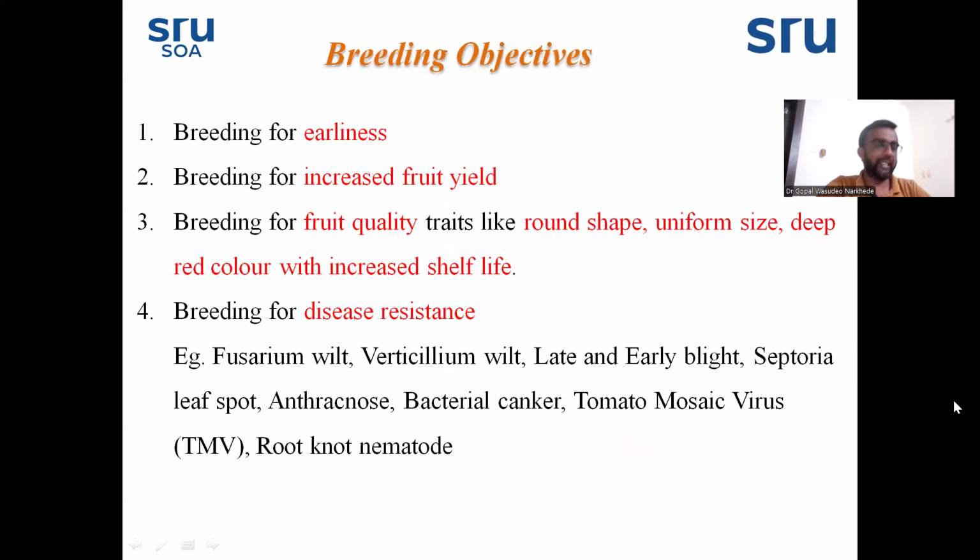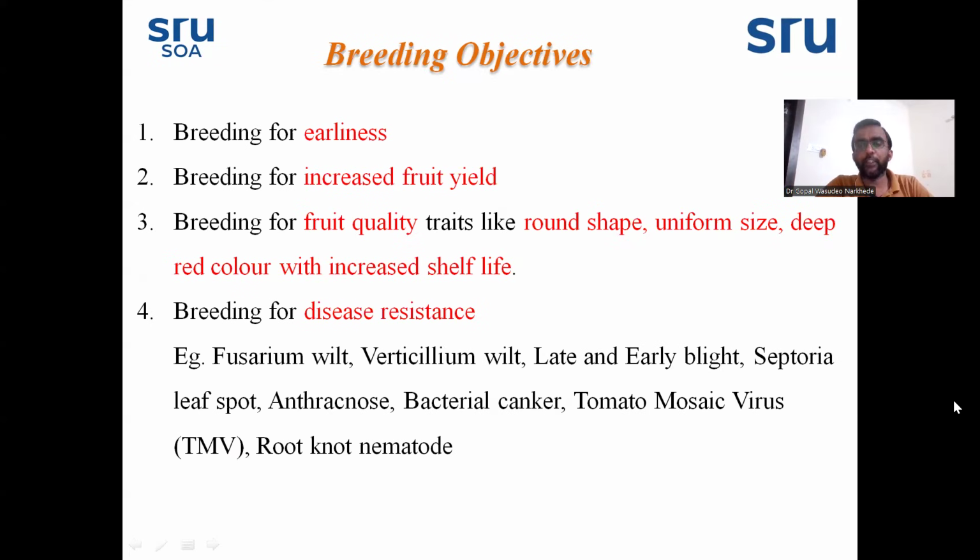So after seeing some diversity in tomato, now we will see breeding objectives. First is breeding for earliness. Second, breeding for increased fruit yield. Third, breeding for fruit quality traits. Now what are the fruit quality traits in tomato?